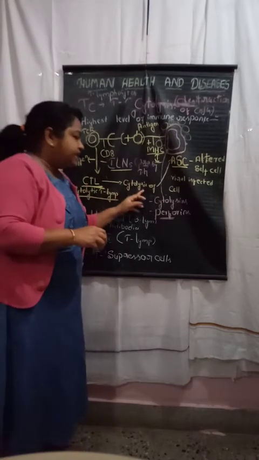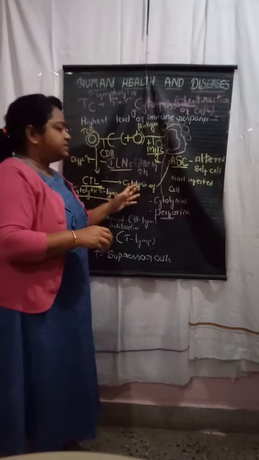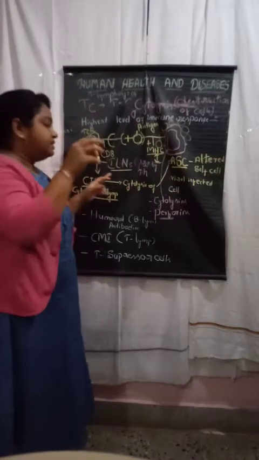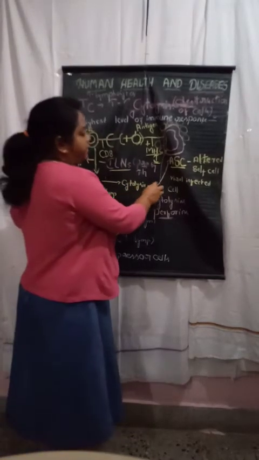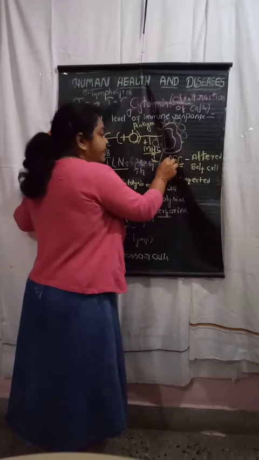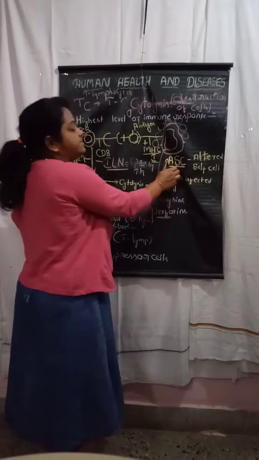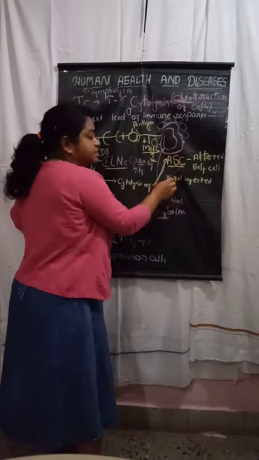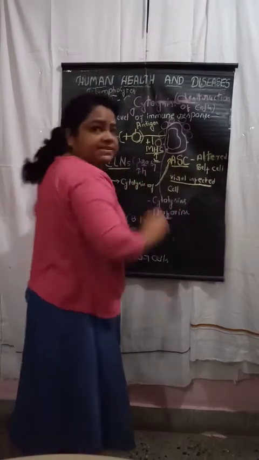The cytolysis of which cells? The cytolysis of ASC cells. ASC cells means what? Altered self cells, that is nothing but viral infected cells.